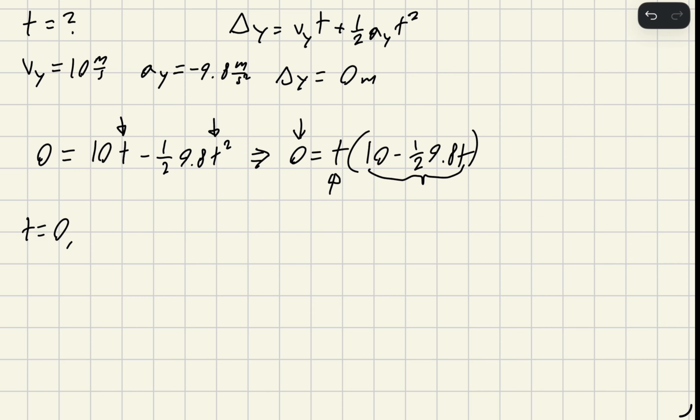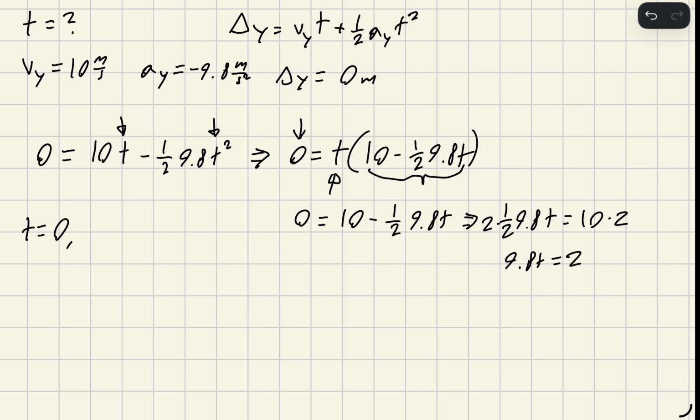So we know that t is equal to 0 and then some other value. So we have 0 equals 10 minus 1/2 9.8 t. We can rearrange this by adding the 1/2 9.8 t to both sides. We have 1/2 9.8 t equals 10. Multiply both sides by 2.